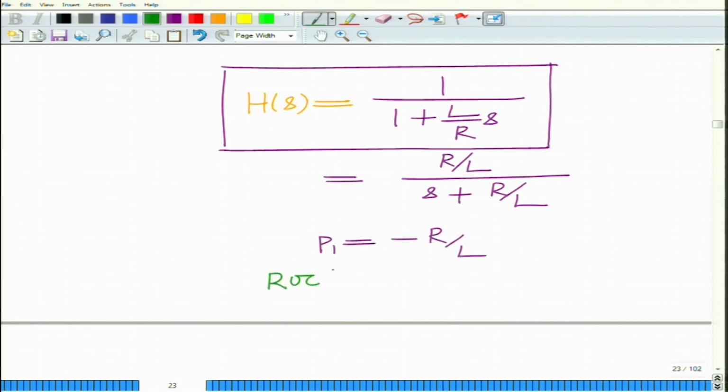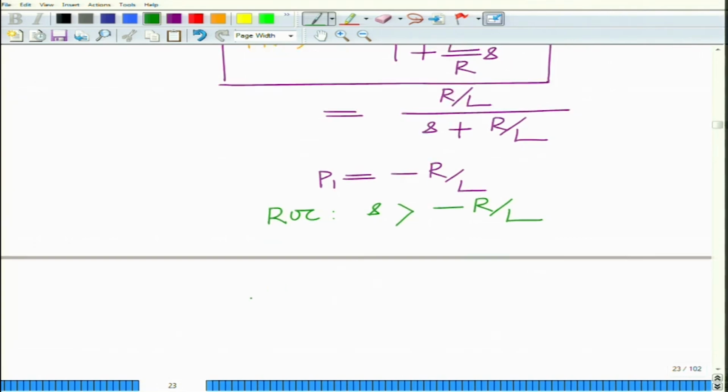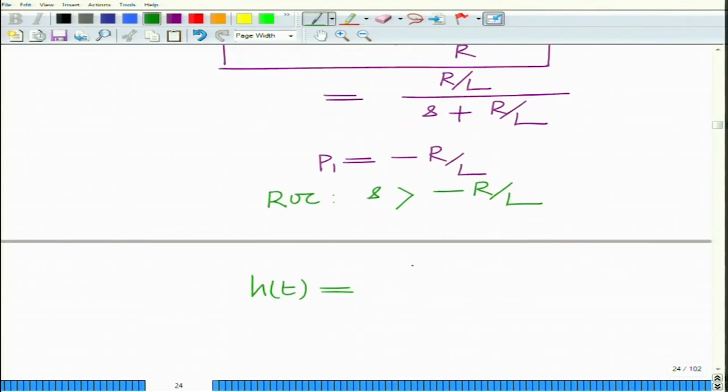Therefore, ROC, now let us assume a right handed signal. Therefore, ROC is basically s greater than minus R by L, and the corresponding inverse Laplace transform, that is h(t), you can see is basically R over L times e raised to minus Rt over L u(t). Okay.